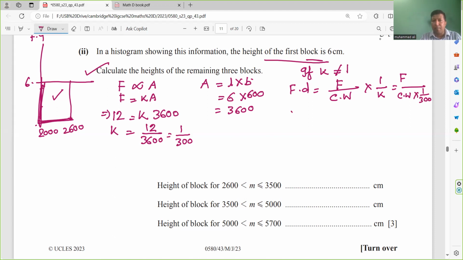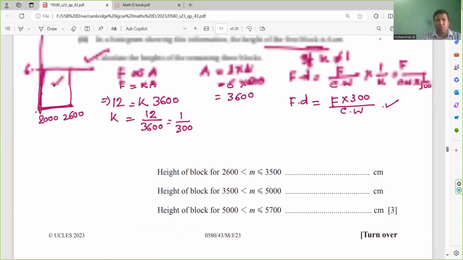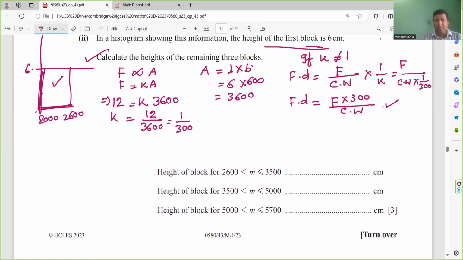So for the other blocks, we use the formula frequency density equals frequency multiplied by 300, divided by class width. To find the height of the other remaining three blocks, we use this formula. Now, height of the block 2600 greater than 2600, less than or equal to 3500.